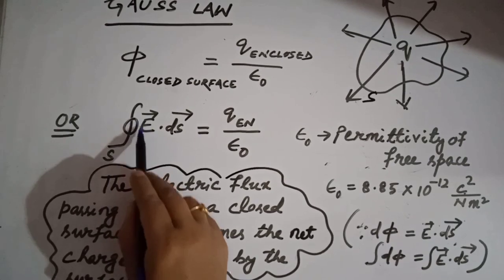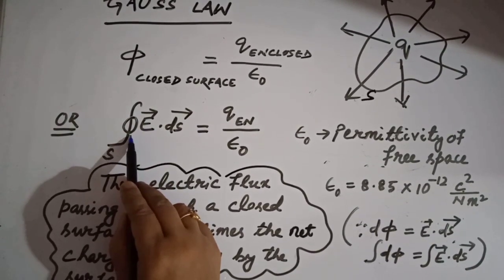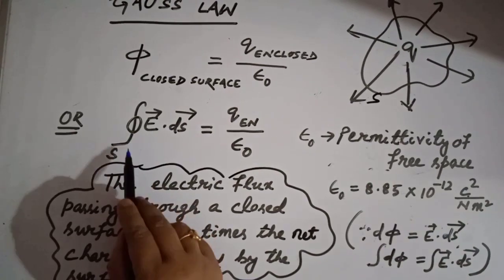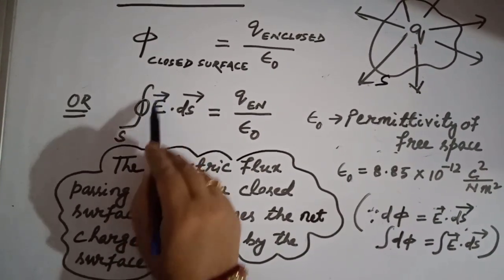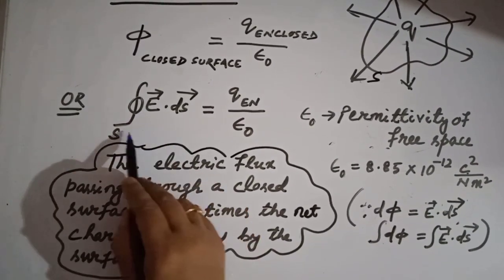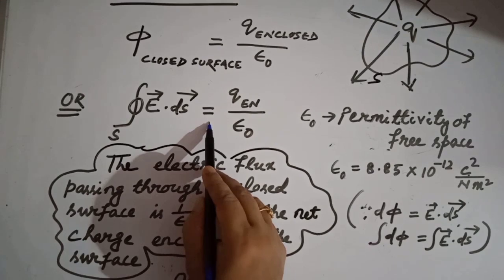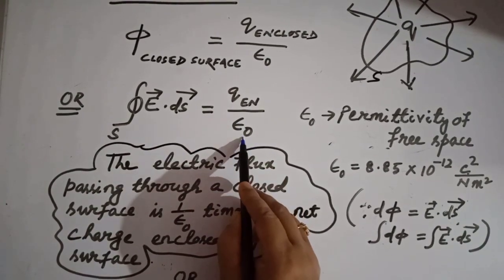The circle on the integration sign represents the closed surface, so Gauss law is applicable to closed surfaces. It can also be written as the integration of E dot ds over a closed surface is equal to the total charge enclosed, Q enclosed, divided by epsilon naught.